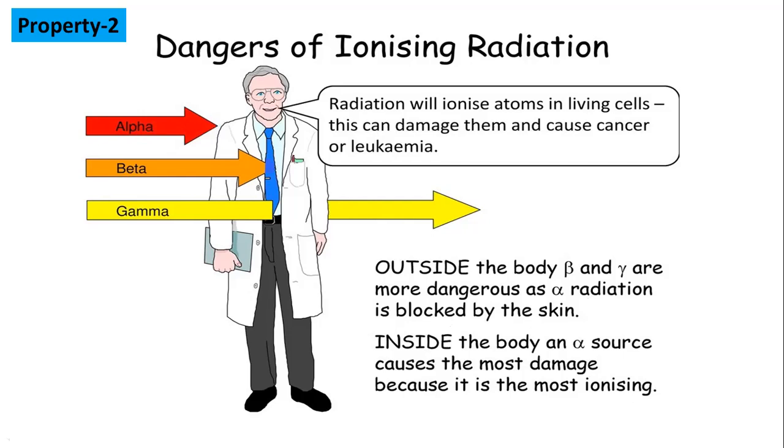So outside the body, beta and gamma radiation are very dangerous because they are going to penetrate into the body.